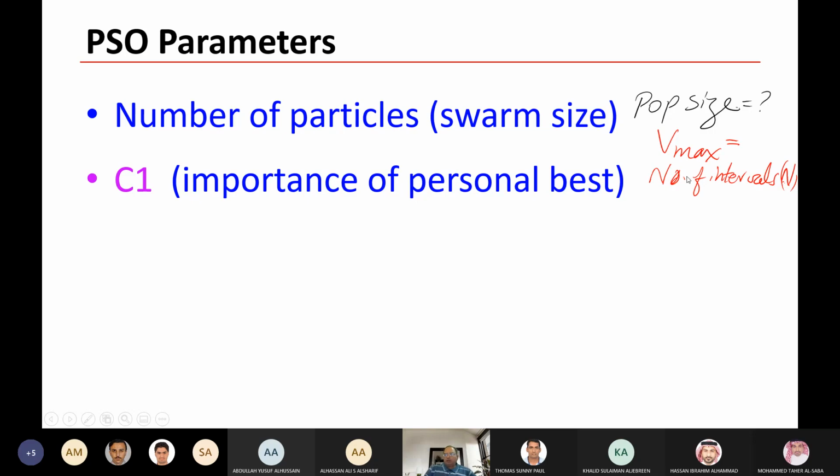Optimize the parameters, and then you can find Vmax and V minimum equal to minus Vmax.